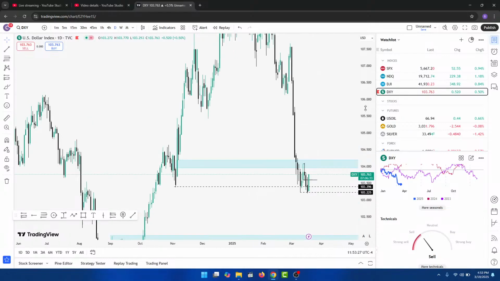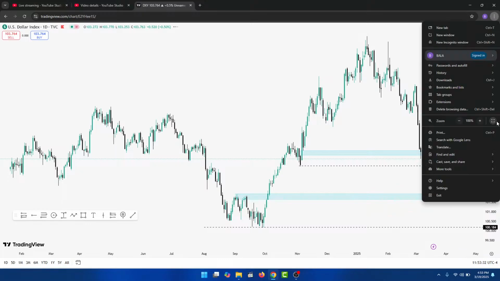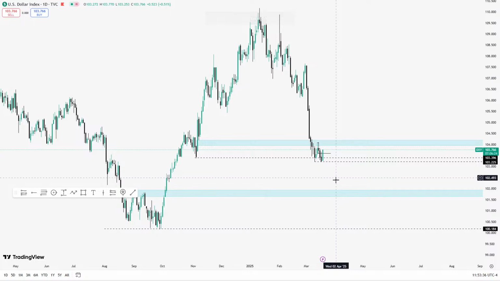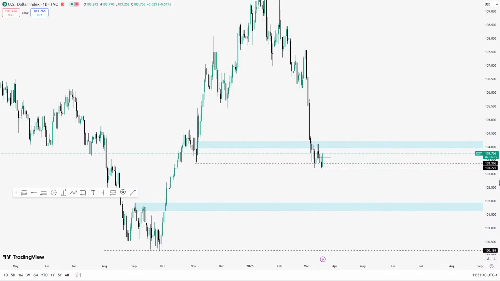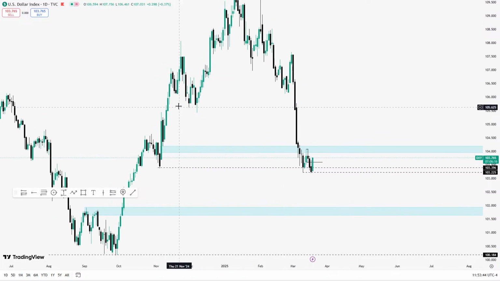Previously you would remember that we've been anticipating the dollar to drop into the dollar on liquidity residing lower, alternatively reprice into internal range inefficiency, especially the inefficiency that's been created over the last 1 week.